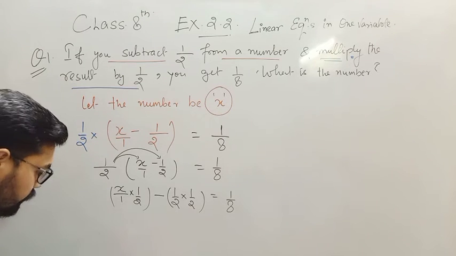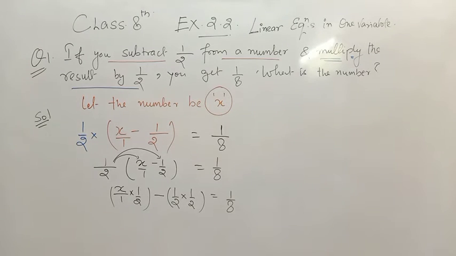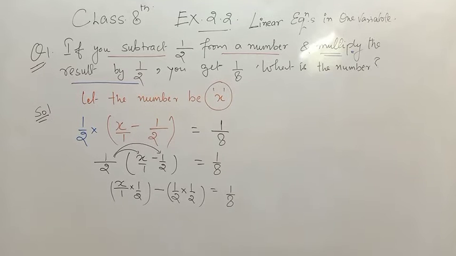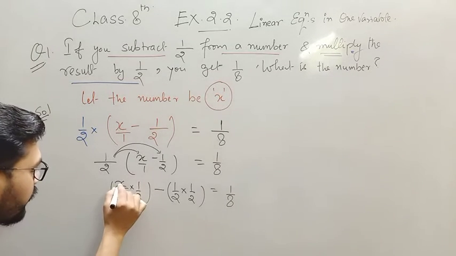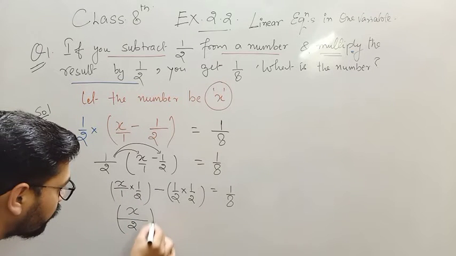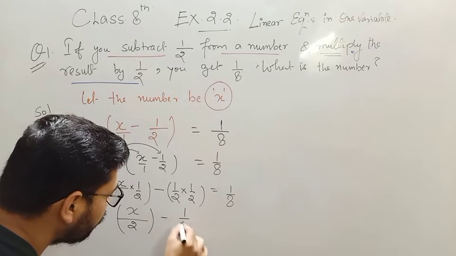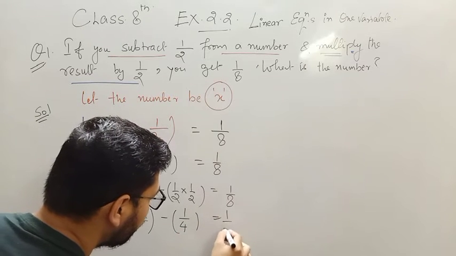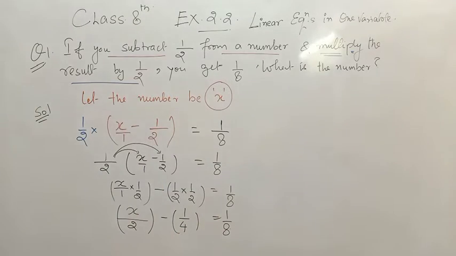Now I can write x into 1 is x, 2 ones are 2, minus 1 upon 4 is equal to 1 upon 8.